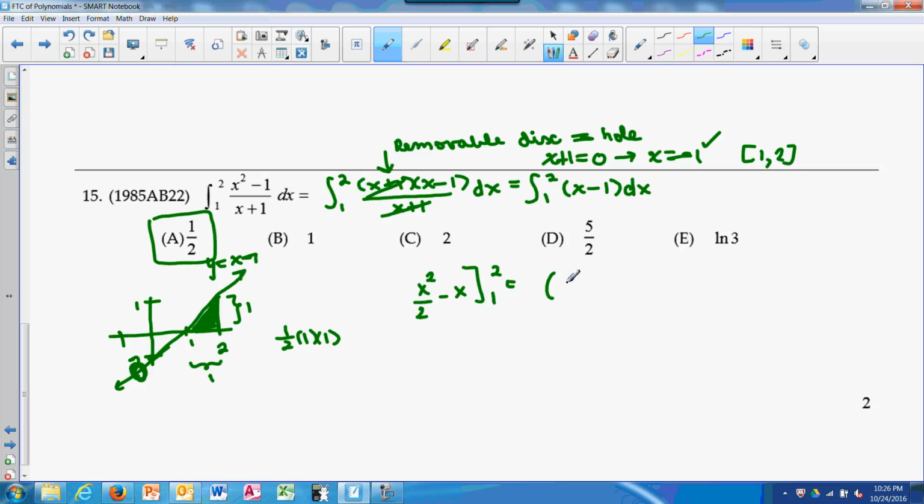So the top is 4 over 2 minus 2, minus the bottom, which is 1 over 2 minus 1, gives us 2 minus 2, which is 0, and 1/2 minus 1, which is negative 1/2. 0 minus negative 1/2 is positive 1/2. So we get the same answer either way.